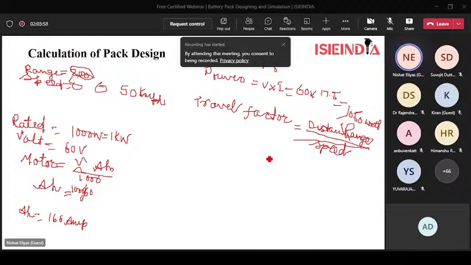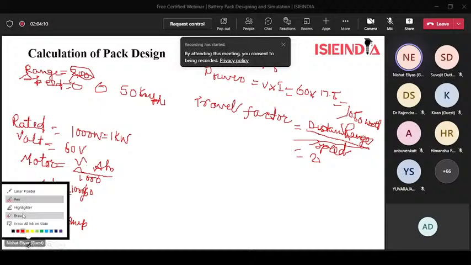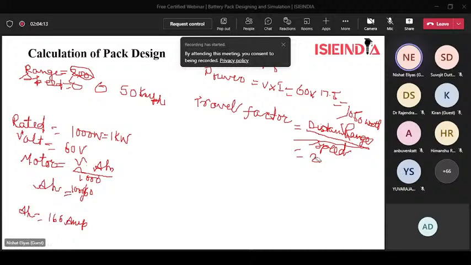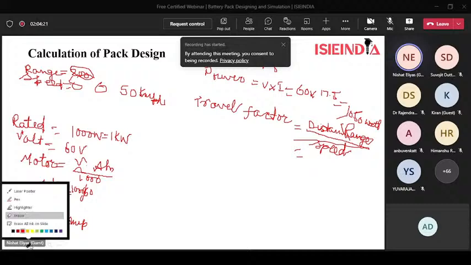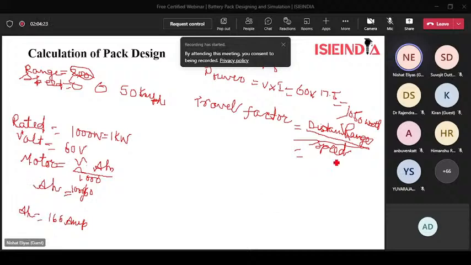So here we have the range of 200 while the speed is 50 kmph. We get this value as 4.